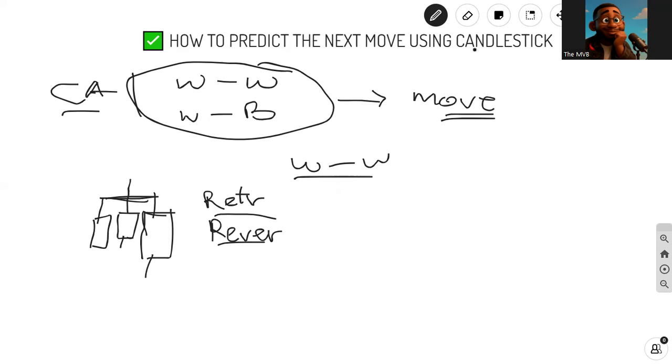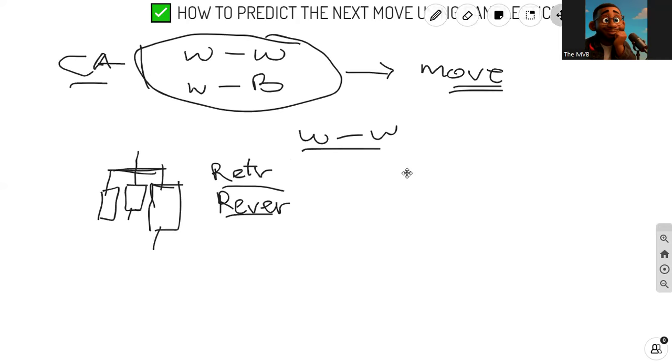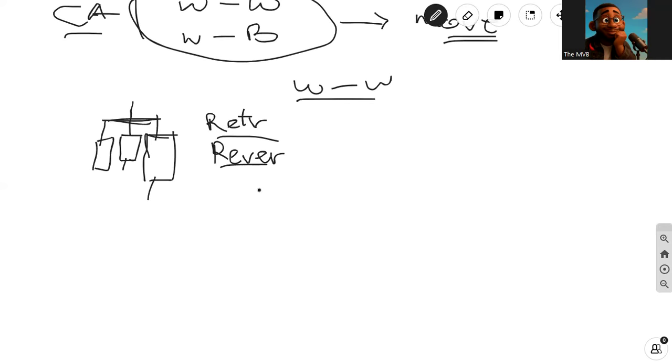Yes, that is. Now, if it is a wick to body breakout, what I mean is when a wick is being broken by a body like this.